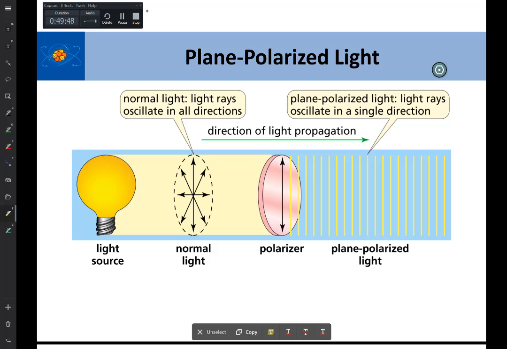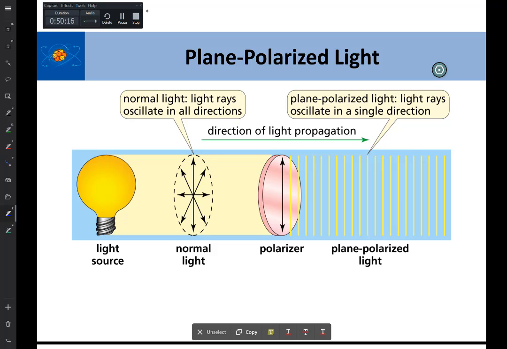Now, light is typically circularly polarized when it comes from, say, an incandescent light bulb. So it's coming out of here, and the waves of the light are going in all directions. If you think about angles instead of where the waves are going, when it's traveling straight at you, you have a collimated beam of light, like a column.